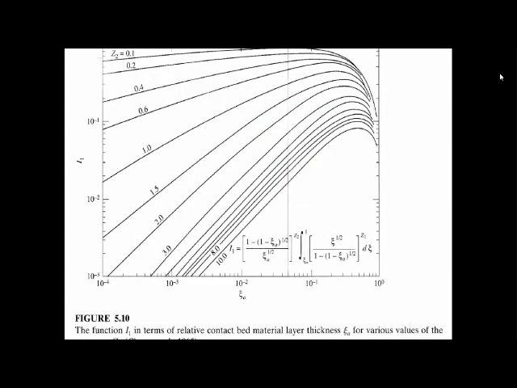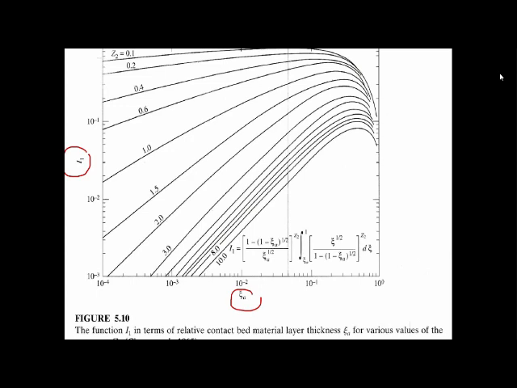So here is the graph for the transport function of I1, which is on your y-axis, I1, and then your x-axis is your eta A. So the eta A is this bed load transport punya thickness lah.